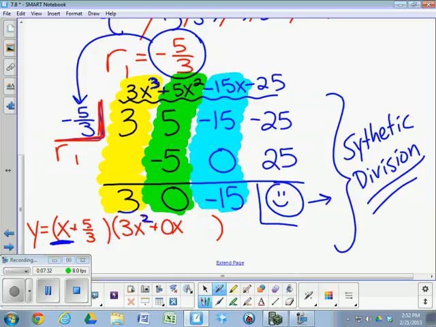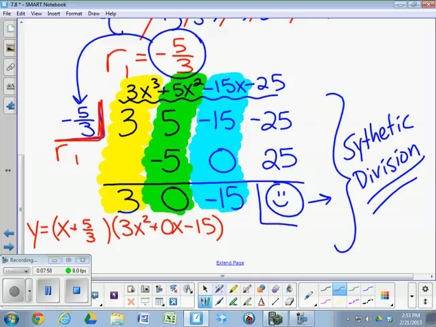Since you took away one of its x's, the x squared reduces down to x to the 1. Okay? And the x column is now just the constant negative 15. The remainder column, it's gone. It's not part of the process anymore. The constant is now out of the picture.